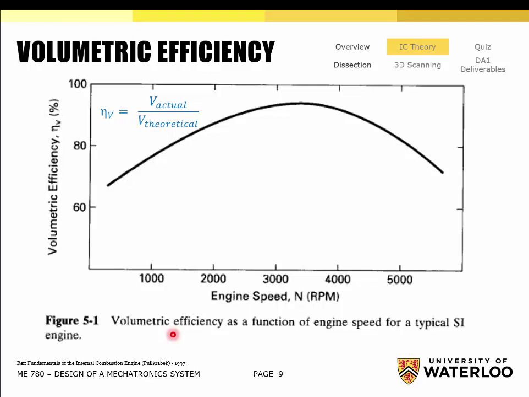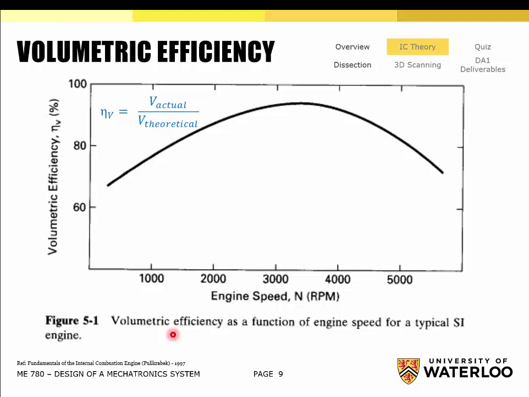Similarly, an engine, if it's a 3-liter engine, ideally is going to breathe in 3 liters every 2 cycles, every 4 strokes of the cycle. Because you breathe in during the intake phase, then you close everything up and compress it, then you expand it, then you expel it, and then you do it all over again.